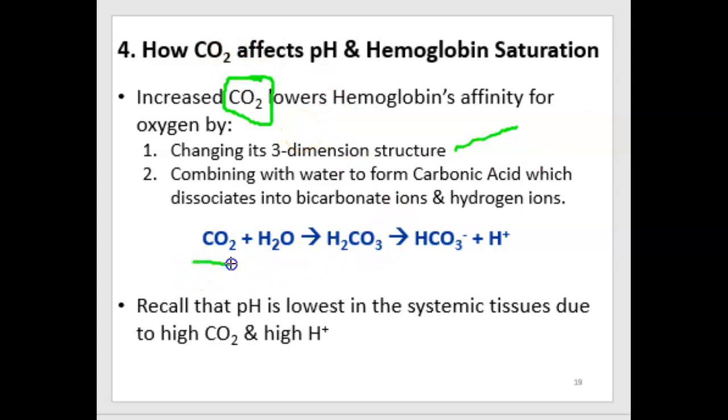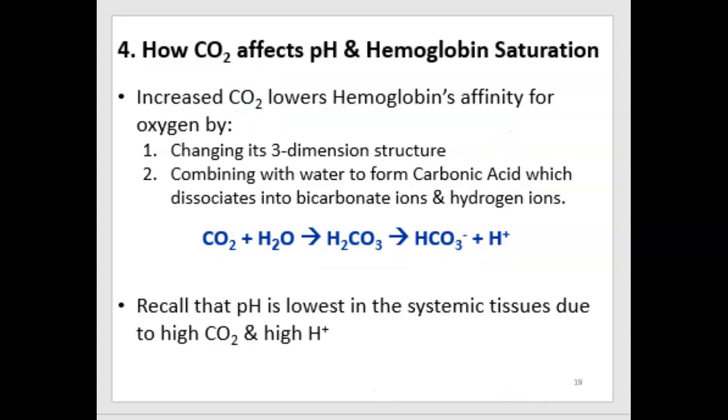And that's because carbon dioxide, the gas, combines with a liquid, water or water vapor, and that forms an acid called carbonic acid. And carbonic acid dissociates somewhat spontaneously. I don't know if it's a super strong acid, but somewhat spontaneously, and produces bicarbonate ions and hydrogen ions.